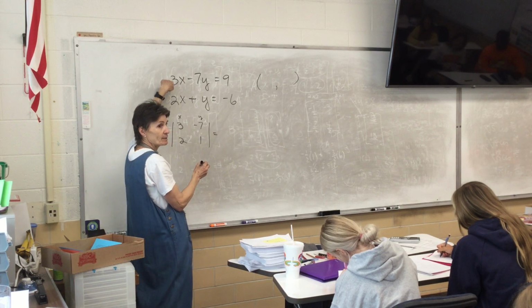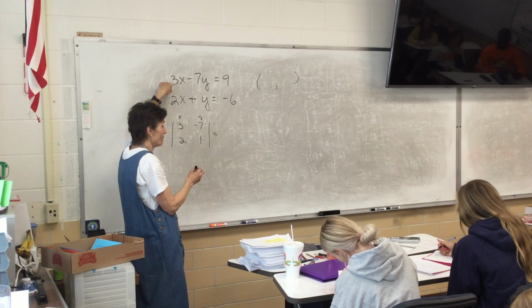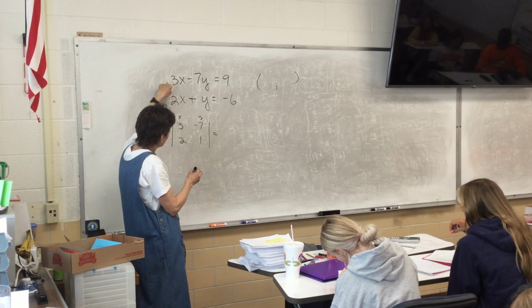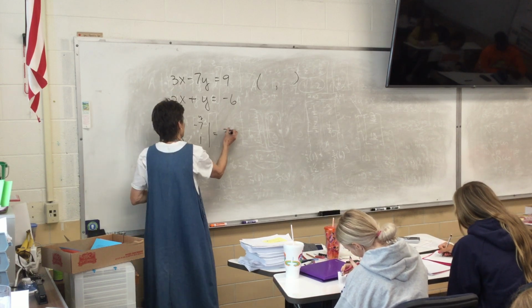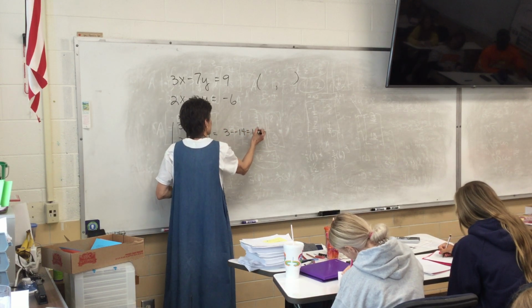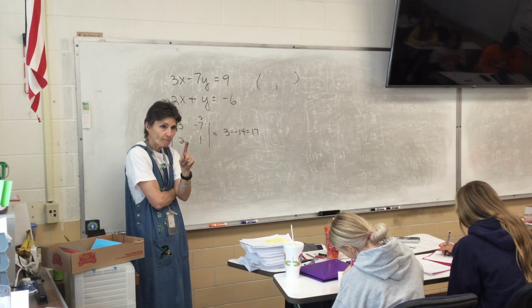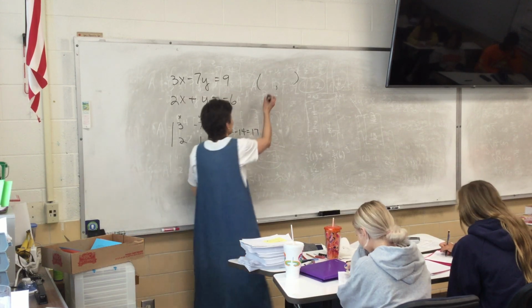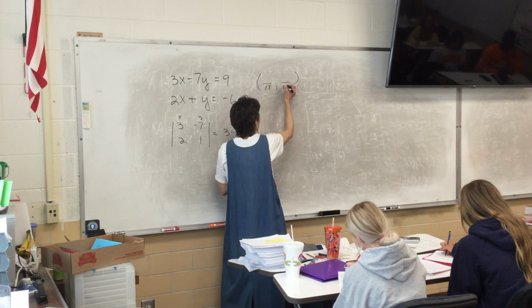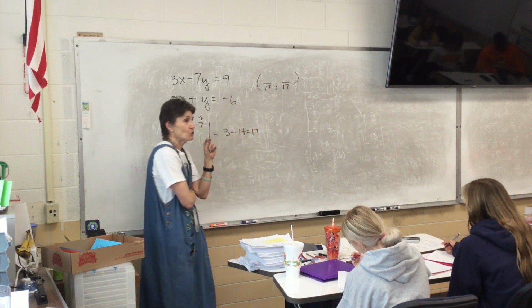That's exactly what we did when we did the inverse, right? We found the determinant. What is that determinant? 17. 3 minus -14, it's 17. That determinant is the denominator of your x and your y.